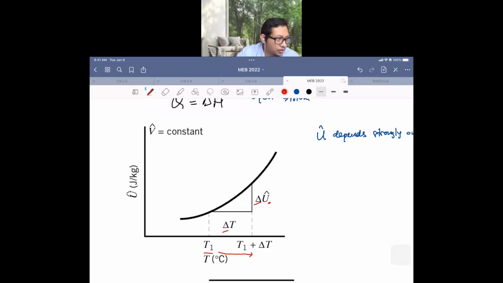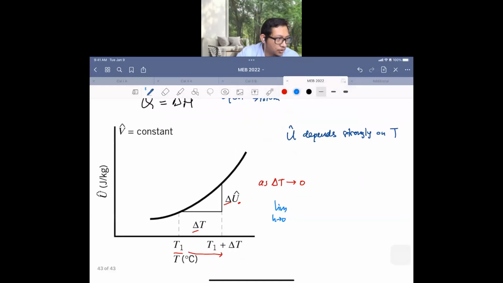If you remember calculus, as the delta T approaches zero, we have our limit definition in calculus for the tangent or the derivative.